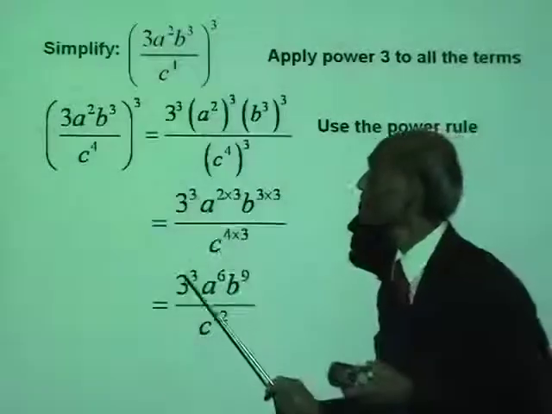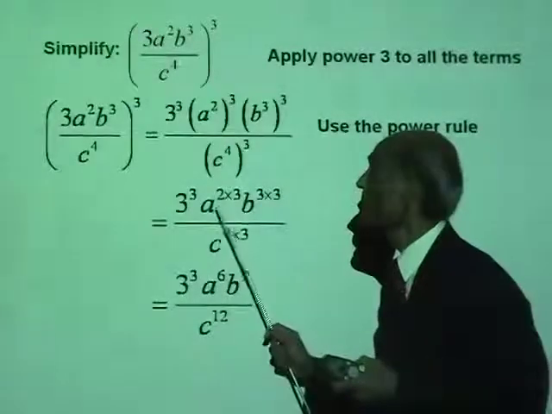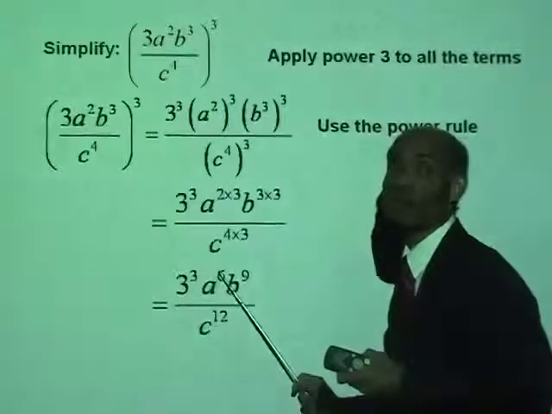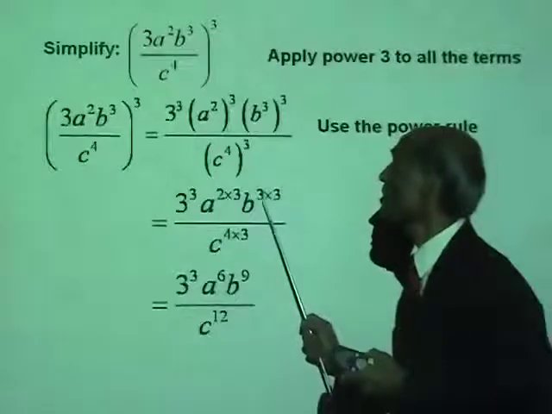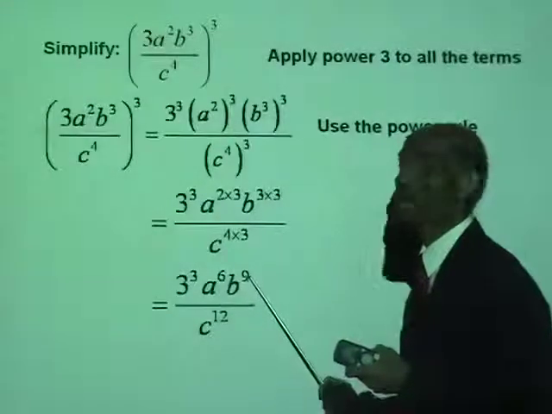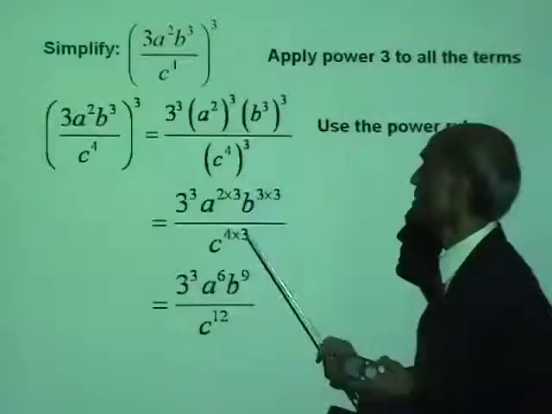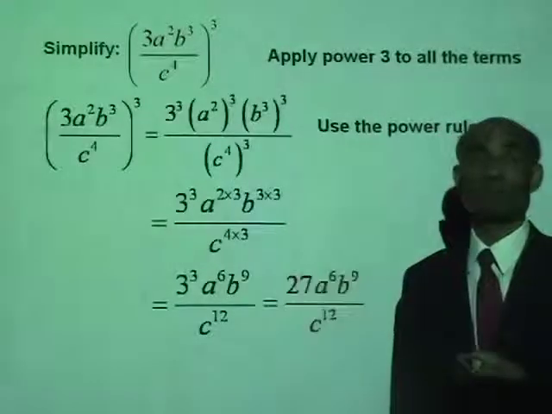And that will be 3 to the power of 3, a to the power of 2 times 3 is 6, a to the power of 6, b to the power of 3 times 3 is 9, over c to the power of 4 times 3 is 12.